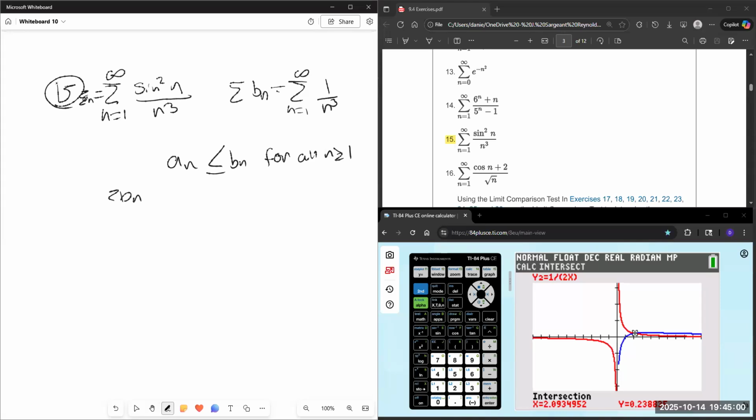Bn series converges by p-series. Therefore, the series for An also converges by direct comparison test.